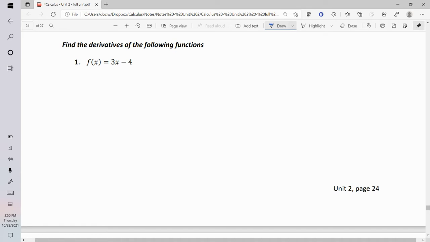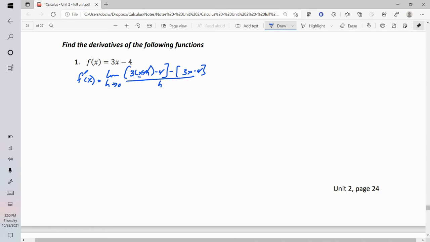Number one, if I want to find the derivative, f prime of x, I'm going to find the limit as h approaches 0 of f of x plus h minus f of x, all over h. And you can notice that the function f of x is 3x minus 4.